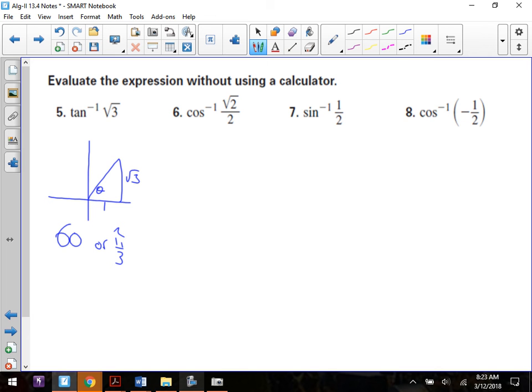Cosine √2/2. For it to be √2/2 and positive, it's the first quadrant again. So your adjacent over hypotenuse. Now, isn't that probably one that's been rationalized? √2/2 is a rationalized one, isn't it? So it's not going to be this clean. That was your 1/√2, wasn't it?